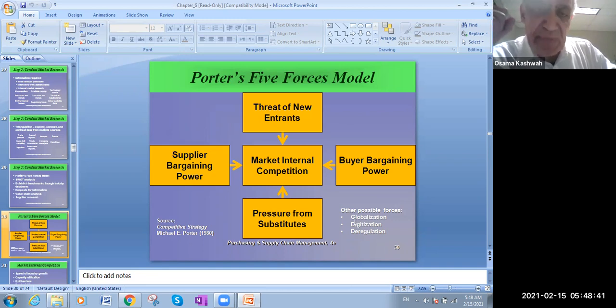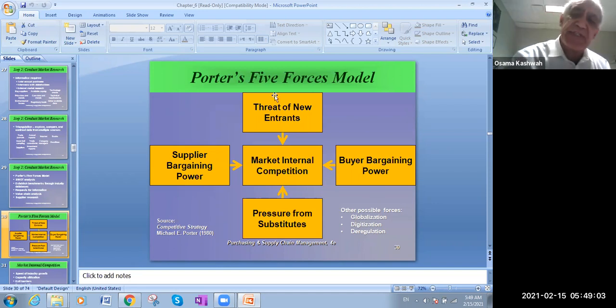I'm surrounded by competitors from everywhere, and those competitors are forces against me, and I have to cope with them. Whether this is in selling or purchasing, Porter's model of the 5 forces is applicable to any aspect of management.